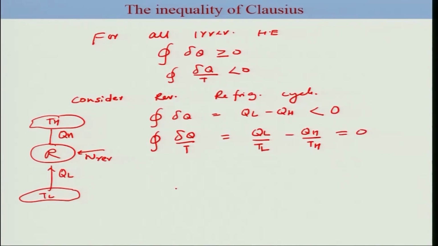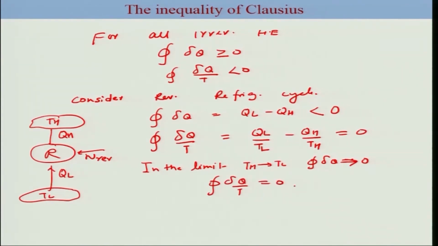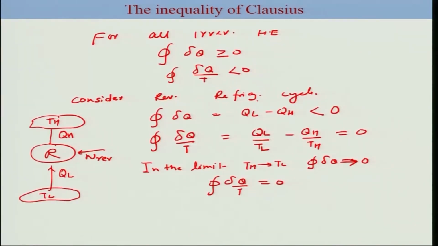So in the limit of TH approaching TL, your del Q should be approaching 0, and your del Q by T still should remain equal to 0. So this would be the limit for the case. This was for the reversible refrigerator cycle.